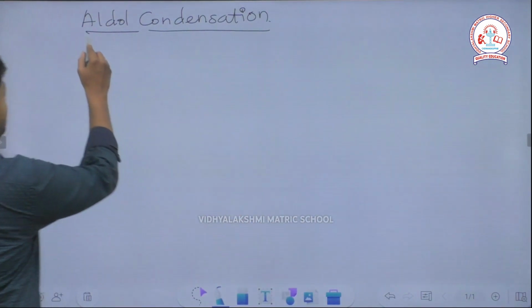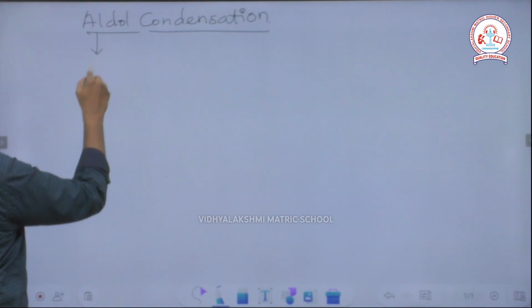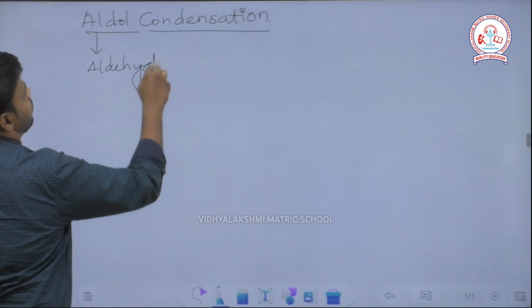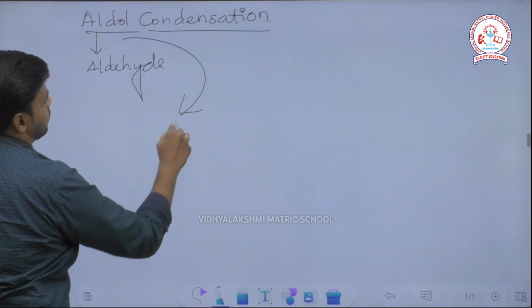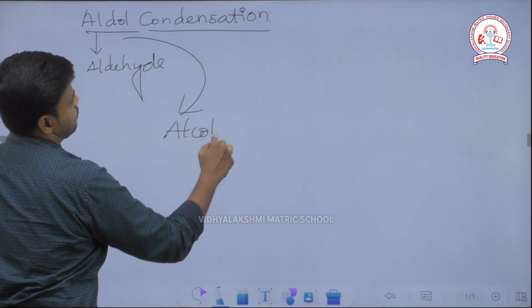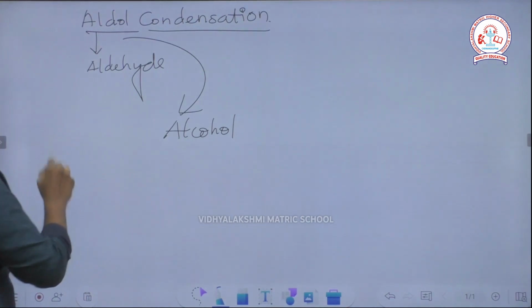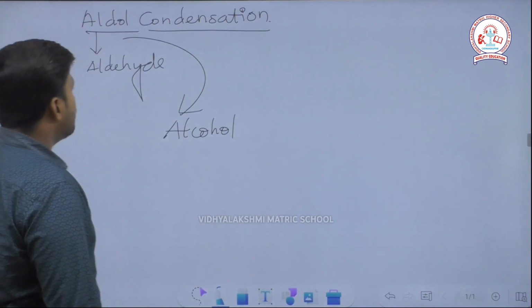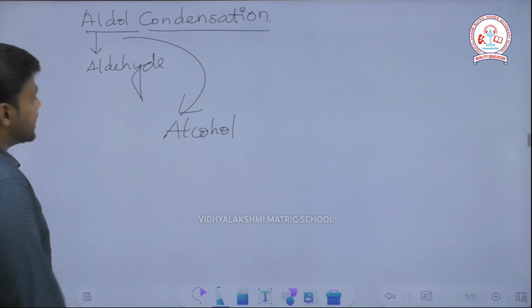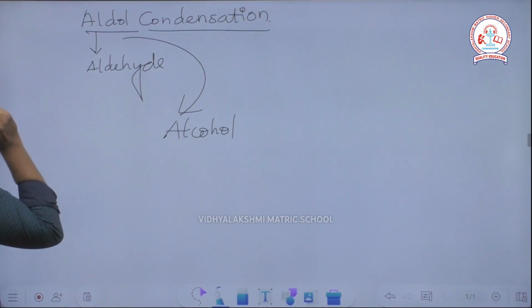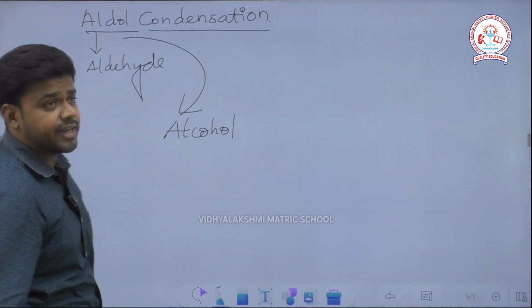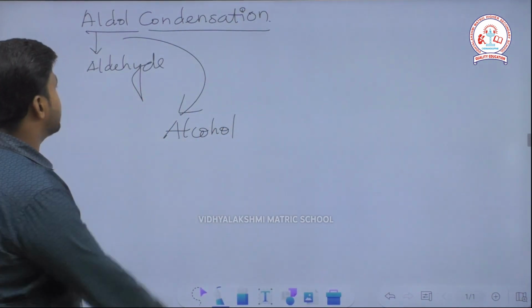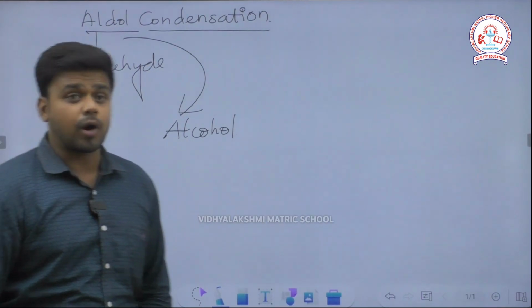When I say aldol, we have the functional groups of both aldehyde and alcohol, so combinedly it is called an aldol. That's the meaning of this name. Then how do you get this aldol? By performing the reaction between aldehydes, or between ketones, or with an aldehyde and a ketone, so that you will be able to find the aldol as a product.